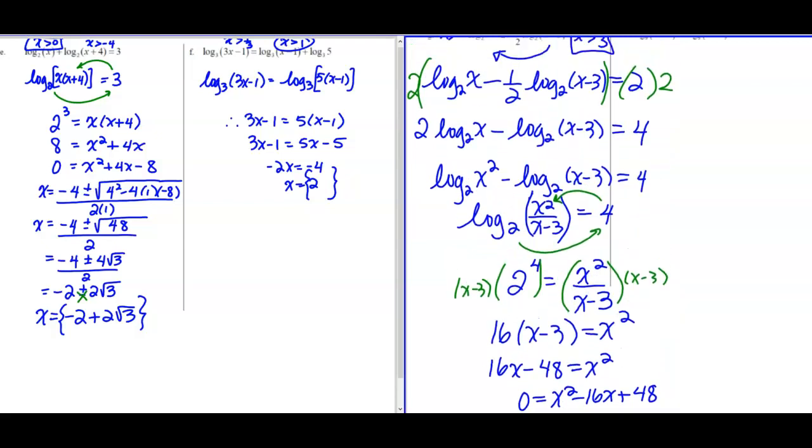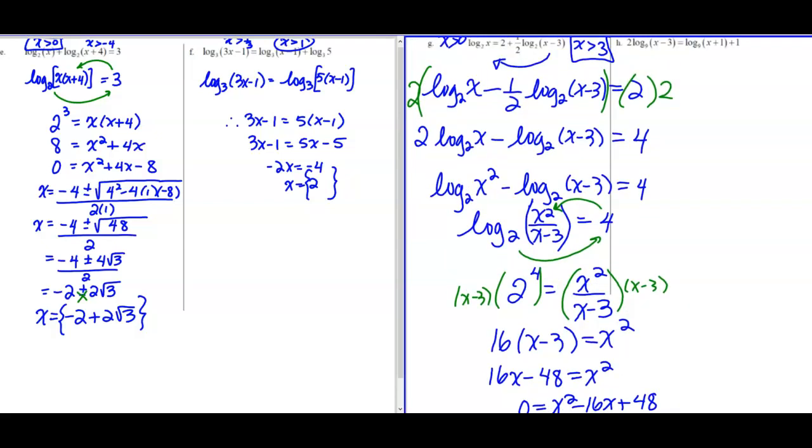I'm trying to think if that was quadratic in there. It's still going to be greater than 0. Yeah, I think you're still good.